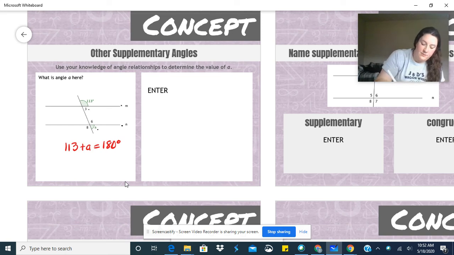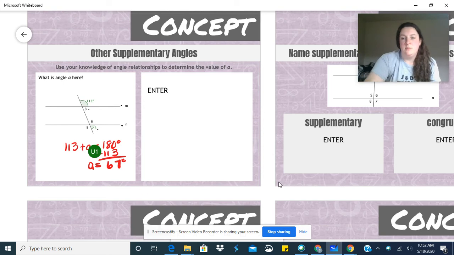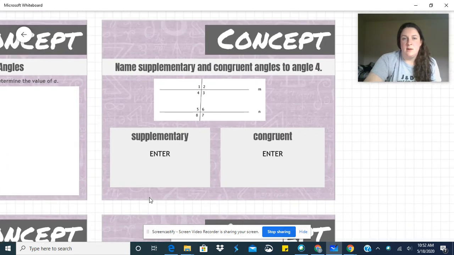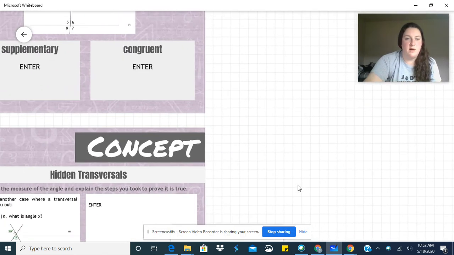So do the math. Subtract your 113 from each side. A equals 67 degrees. So here, you're just going to number those. We're not going to do that again together because I've done it 3 times already.